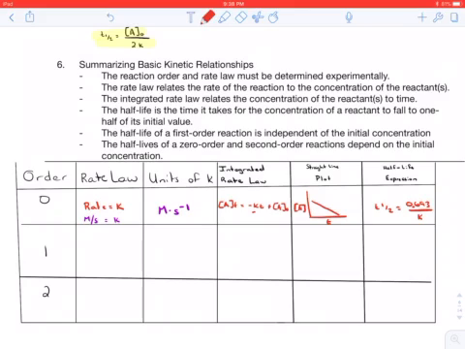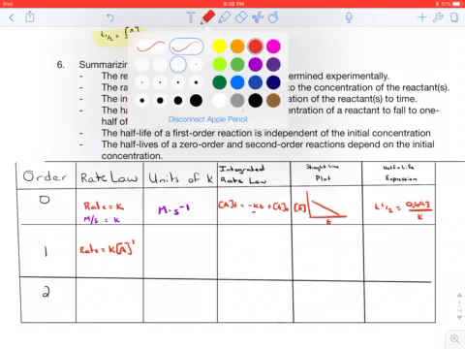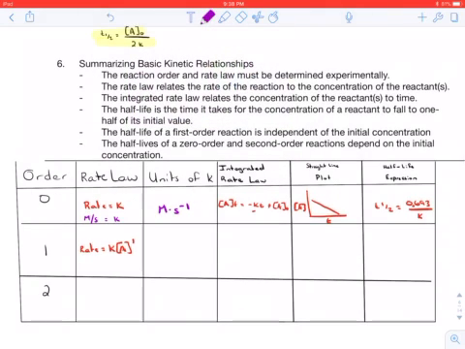All right, so let's do the exact same thing down here for a first order. We've got rate equals K times our concentration, and that's to the first order. So if we break this guy down, our rate is in molarity per second. We've got K, and we've got molarity here.